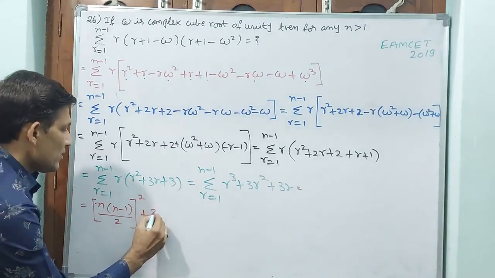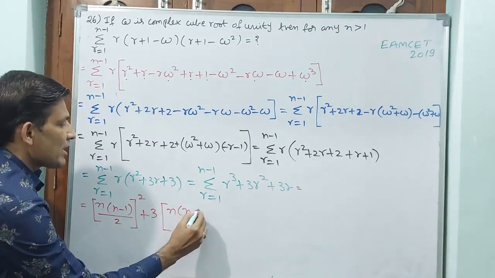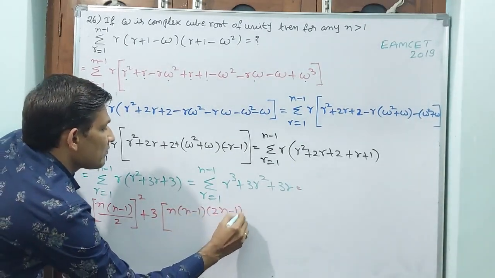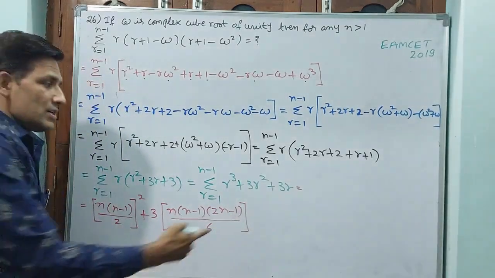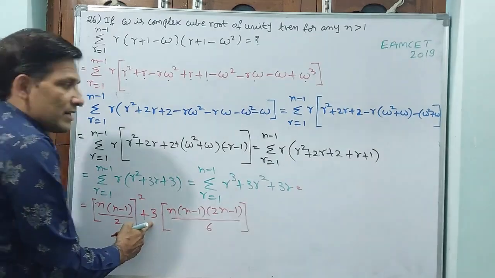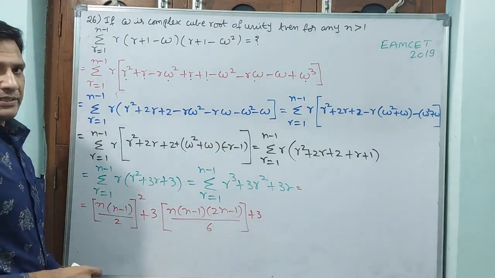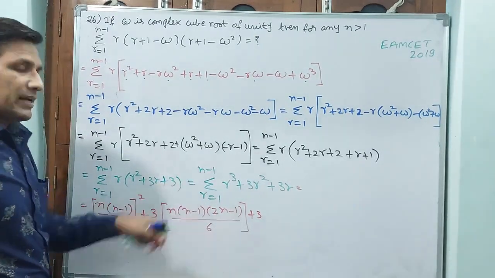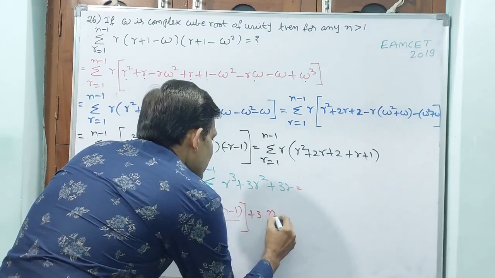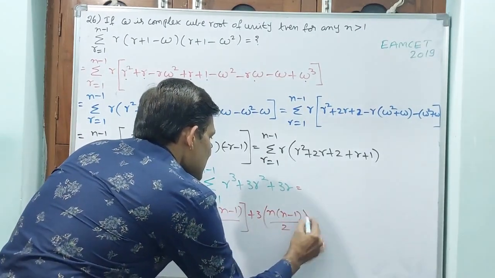Plus 3 into, for square what are you going to write? You are going to write n into n minus 1 into 2n minus 1 by 6. This is r square, but afterwards 3 is there, don't forget. Plus 3 into, for r value, for r means n, like n. What is that? n into n minus 1 by 2. Why? Because n minus 1 is there. n into n minus 1 by 2. This is this one.